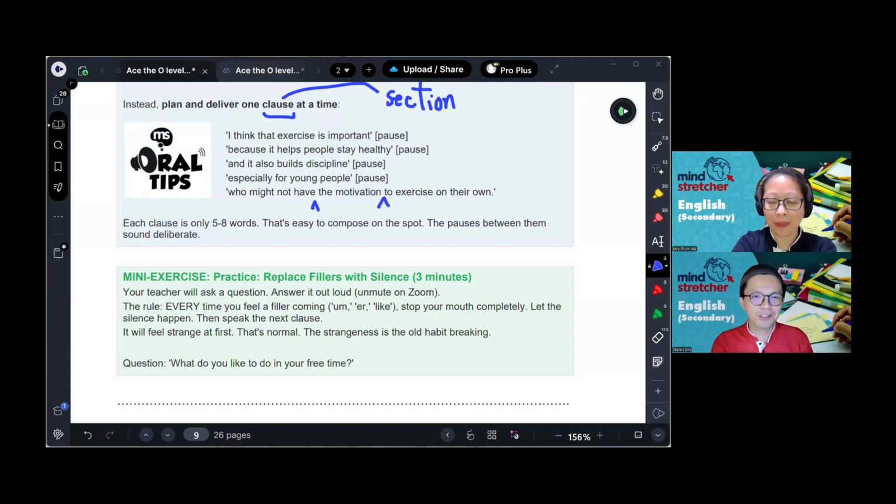It's just between you and your handphone. Just record yourself speaking and replacing the ums and the likes with the PP, the power pause. Okay? You need to practice this. If you practice this, your fluency score goes up for sure.